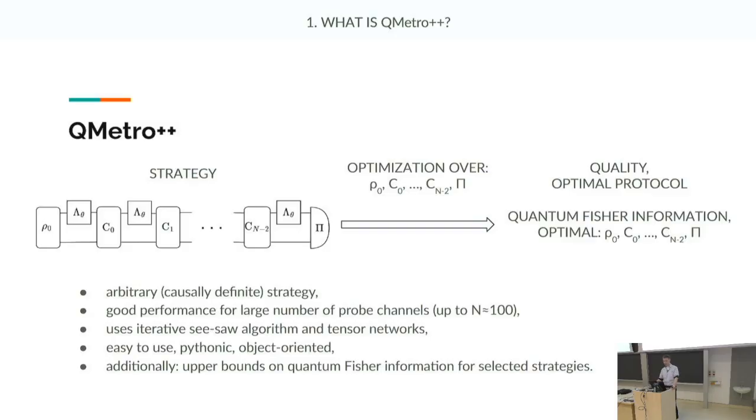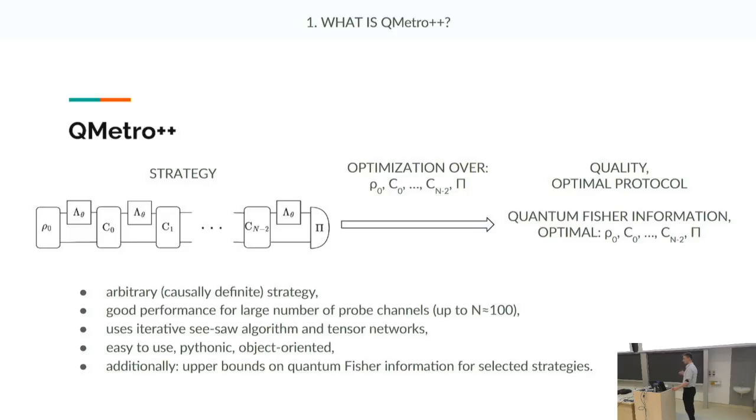And what our package does is provide a function that takes your strategy, defined by a user, and finds optimal values of input states, control operations and measurement. And it also assesses its quality by computing the quantity called quantum Fisher information, which I will introduce in a moment. The important message here is that it can do so for an arbitrary causally definite strategy.